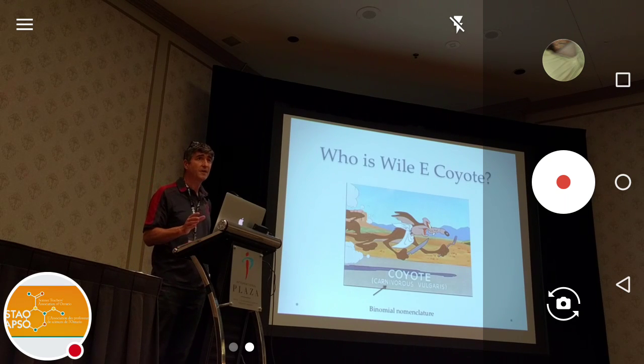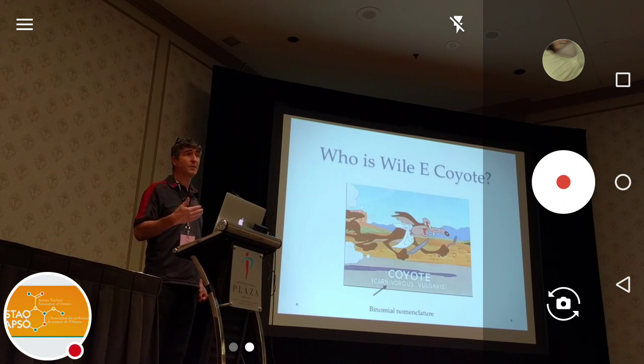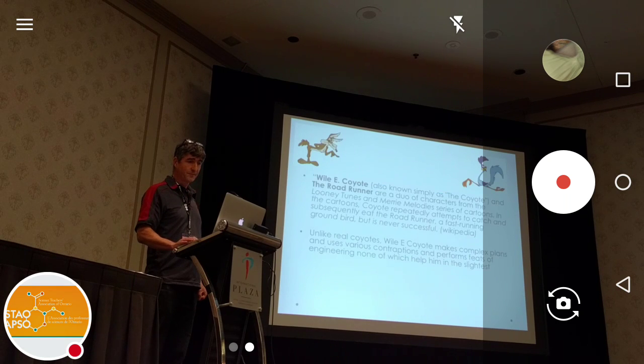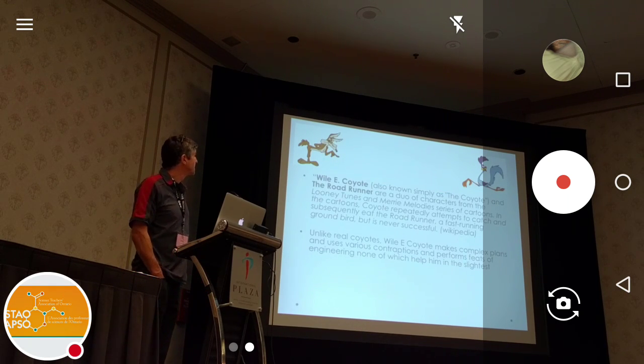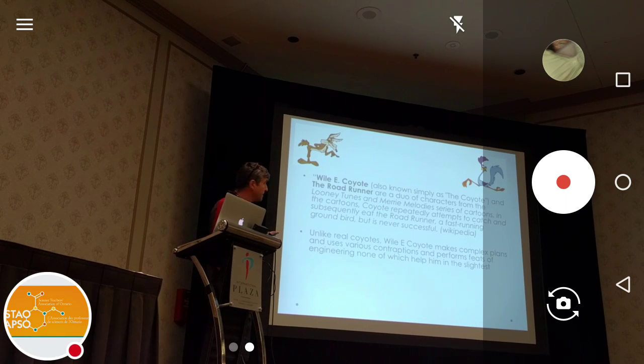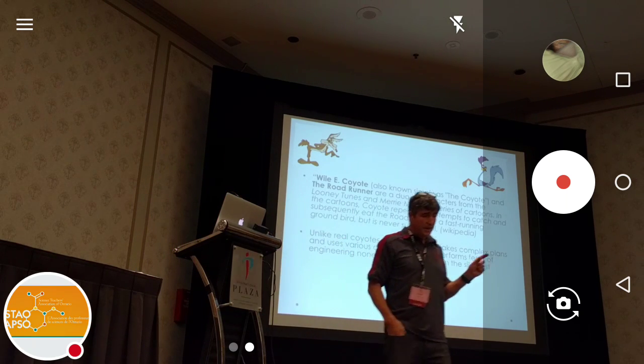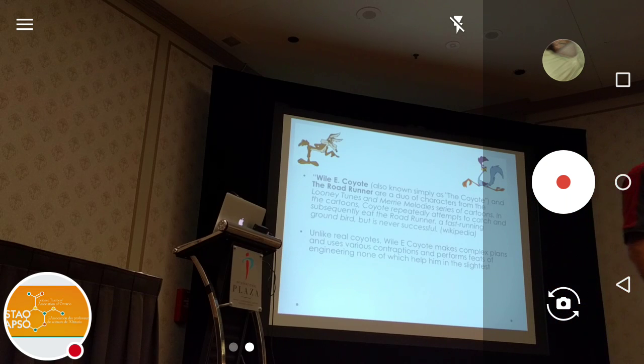I do have to apologize for any biologists. This is it. This is all you get. Binomial nomenclature. It always starts that way. He never does well. So just these cartoons started in the 50s. The entire premise, and it went on for I don't know how many years, is really simple. It's a coyote with an infinite budget.